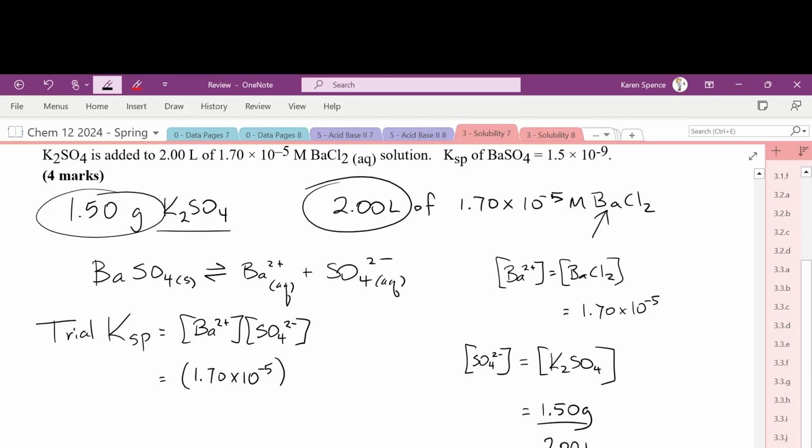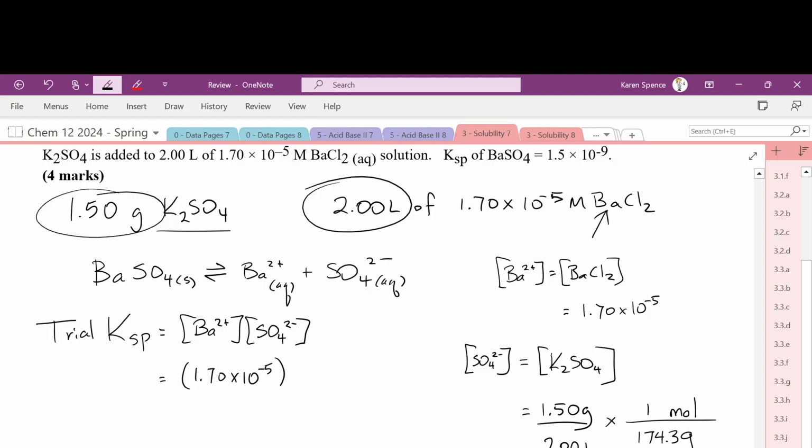And I don't want it in grams per liter, I want it in moles per liter. So I need to cancel my grams and find my moles. The molar mass of K2SO4, potassium is 39.1 times 2 plus sulfur 32.1 plus 4 times 16 equals 174.3 grams per mole.